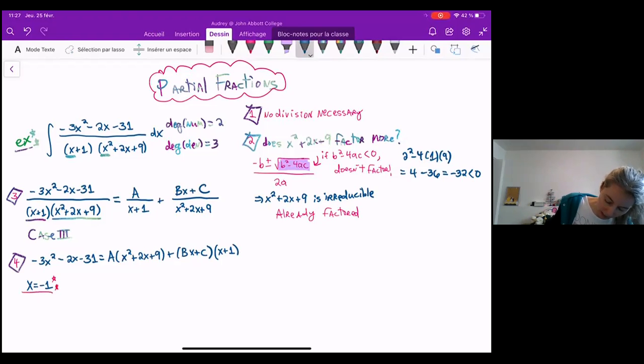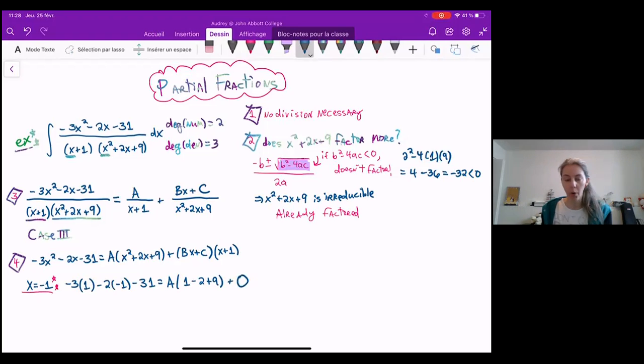And here I'm going to get negative 3 times negative 1 squared is negative 3, minus 2 times negative 1, minus 31 is equal to A times 1 minus 2 plus 9, plus 0, because Bx plus C is being multiplied by negative 1 plus 1, so that all just goes away, it becomes 0.